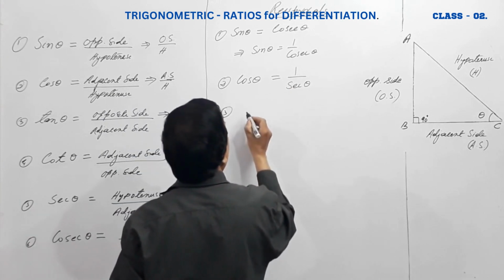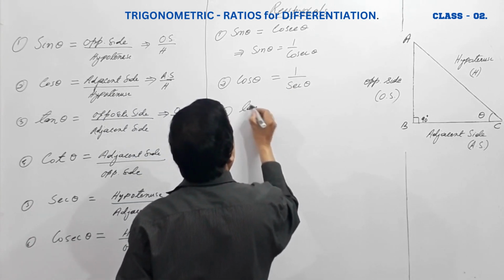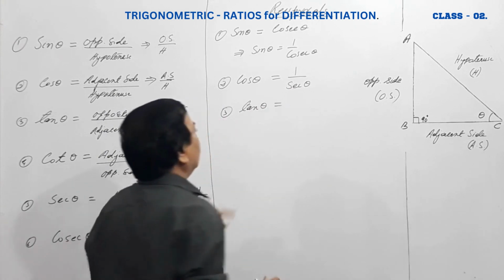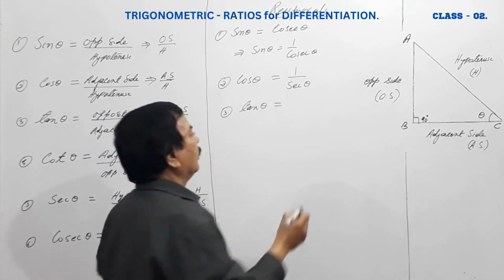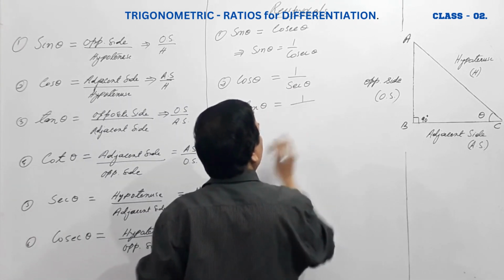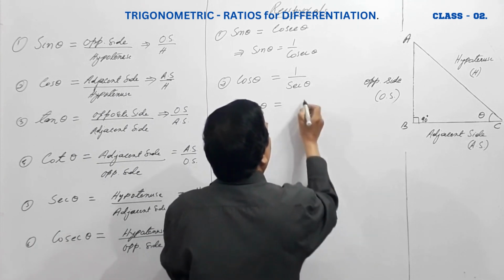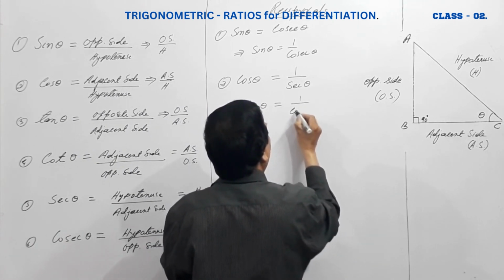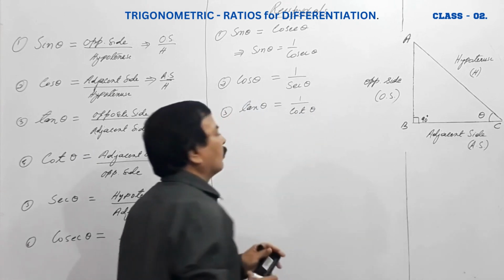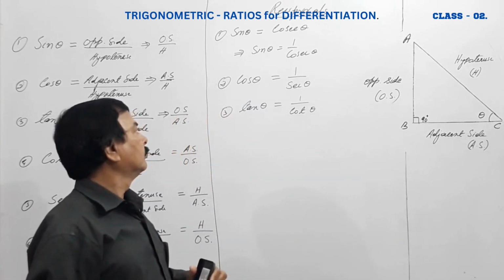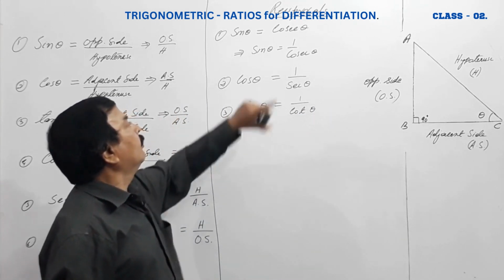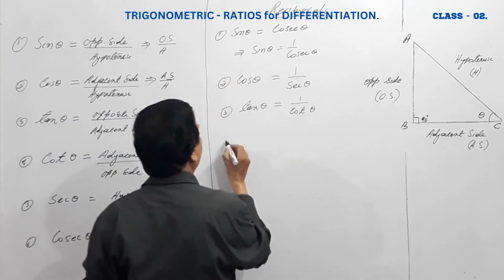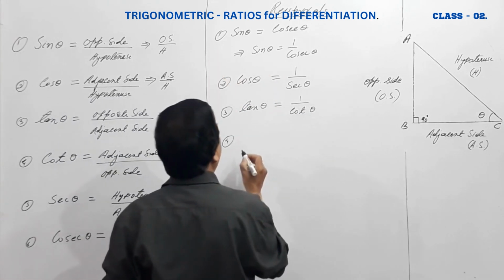Third one, tan theta. The reciprocal of tan theta is 1 by cot theta. Now, we'll go the other way. Fourth one, we'll take next.